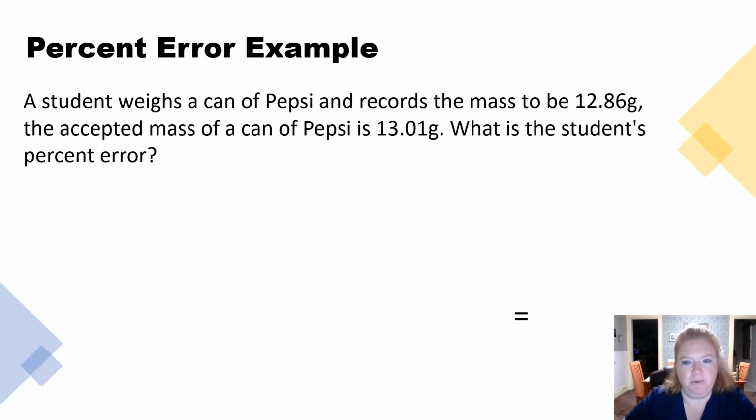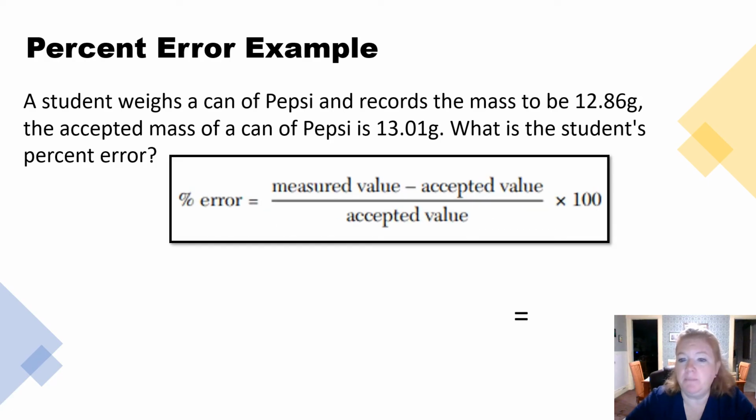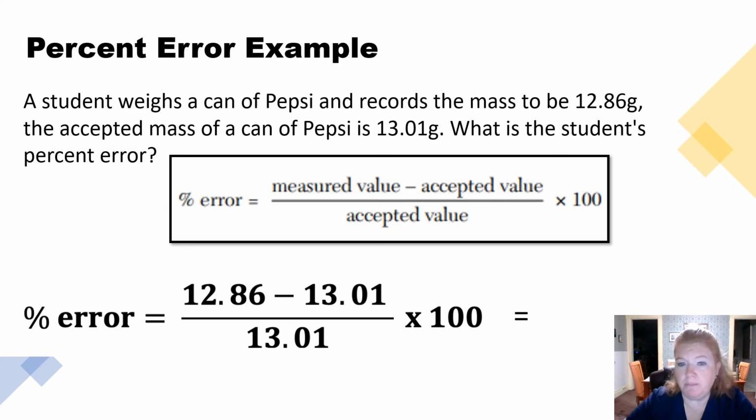So here's an example. Percent error formula. Put the numbers in the correct place. So what do I do? First, I subtract. Then I take that answer that I got from subtracting and divide it by 13.01. Then I multiply it times 100.